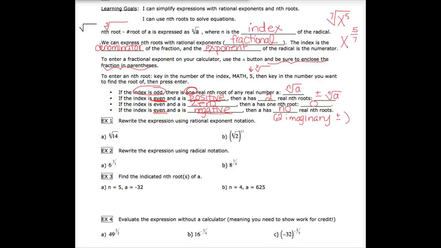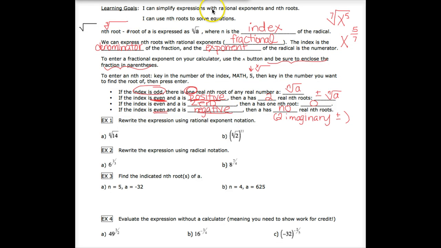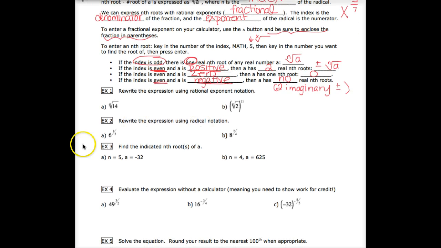All right, so let's look at our first learning goal, being able to simplify expressions that have rational exponents and nth roots. So here we're just going to rewrite the expression using rational exponent notation. It says fourth root of 14.